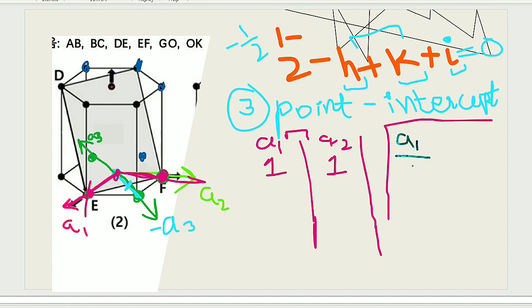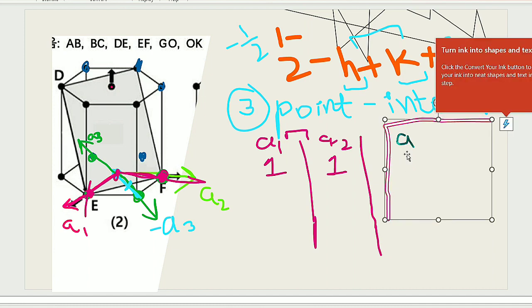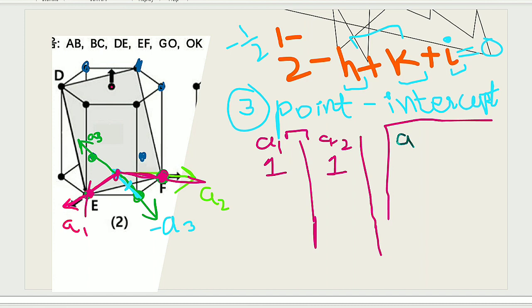Let me call the a1 axis point a, which is a point on the plane.